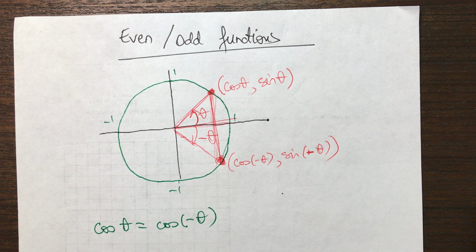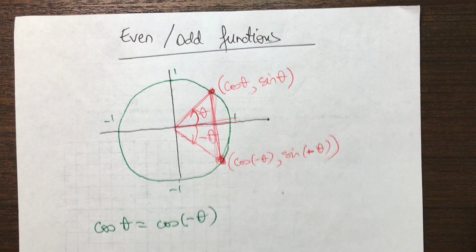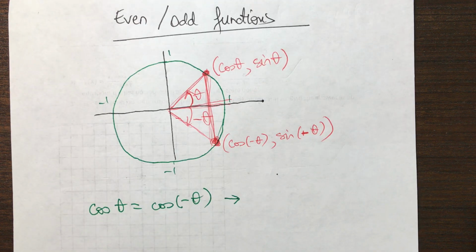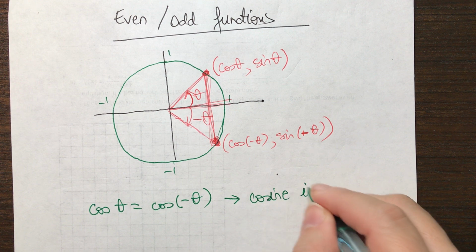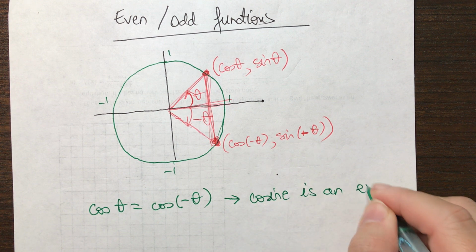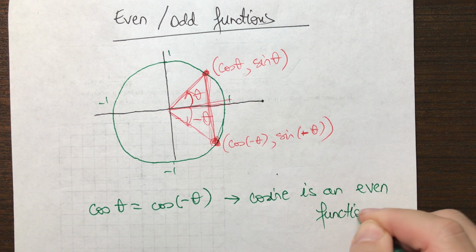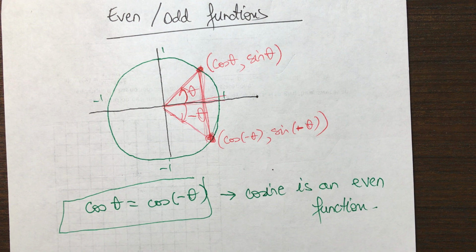If you think back at chapter 1, when we talked about even and odd functions, if you have a function, you plug in a negative x for x and you get the same answer, we call that an even function. So cosine is an even function. What do I mean by that? Plugging in a negative angle is the same thing as plugging in the positive angle itself.